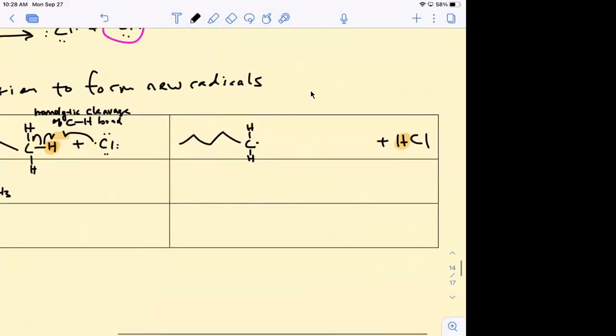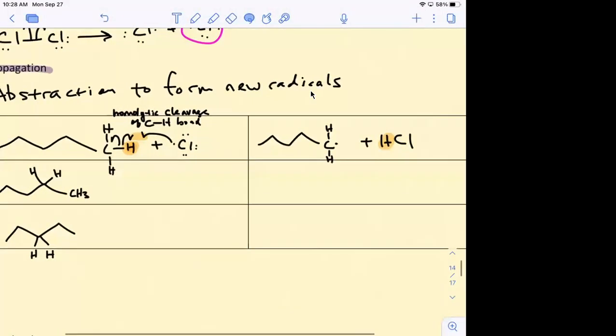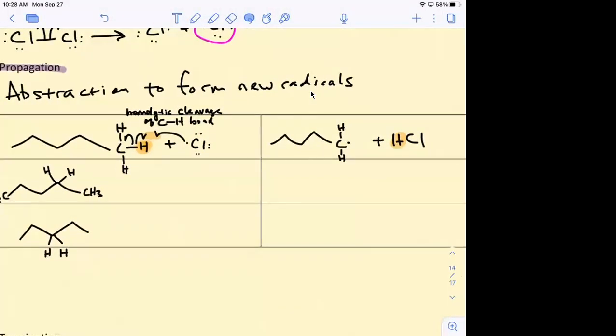So that radical plus HCl. Is everybody okay with that? Yes. So that's what happens in propagation.